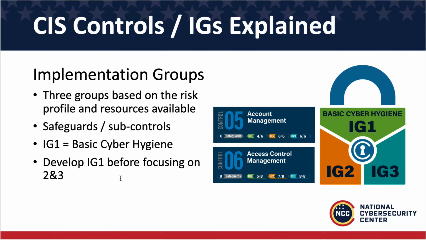Instead of having 18 different control groups and telling you to focus on all of them simultaneously, they broke down the safeguards, or sub-controls, into 3 groups, IG1, 2, and 3, where IG1 is their essentials or basic cyber hygiene. Check those boxes, then move on to 2 and 3, but the most bang for your buck right off the bat, if you're just starting a security program, is going to be IG1.